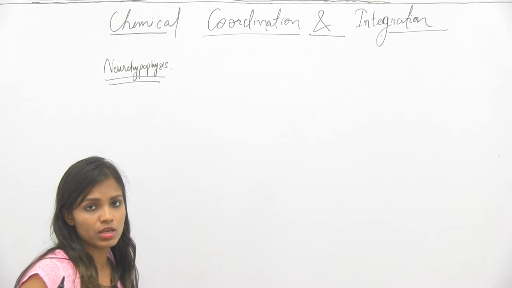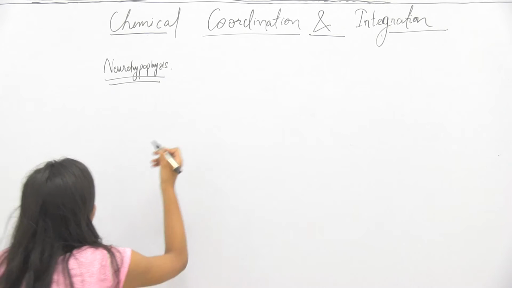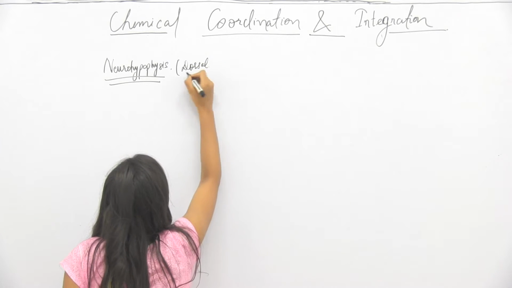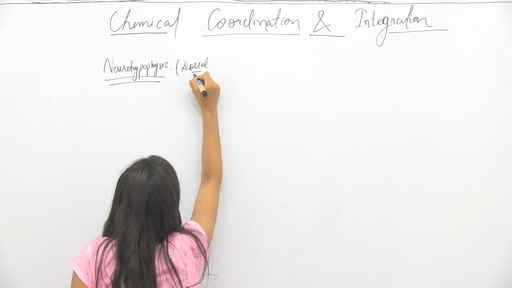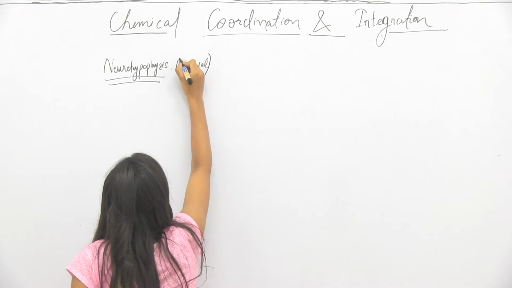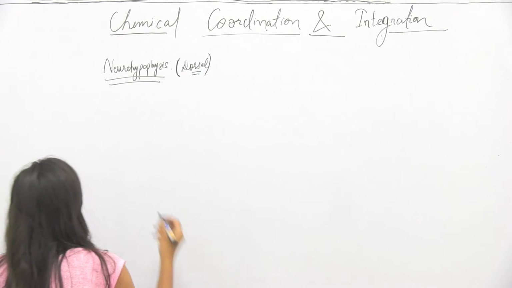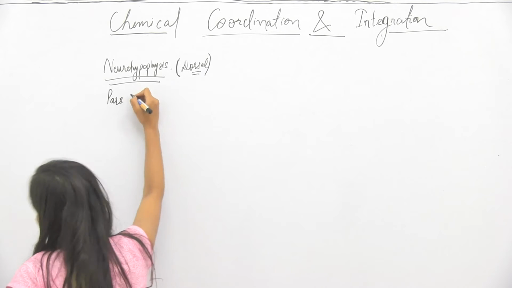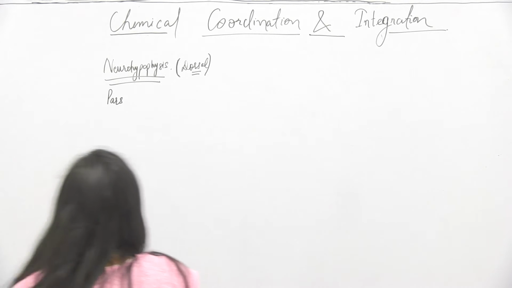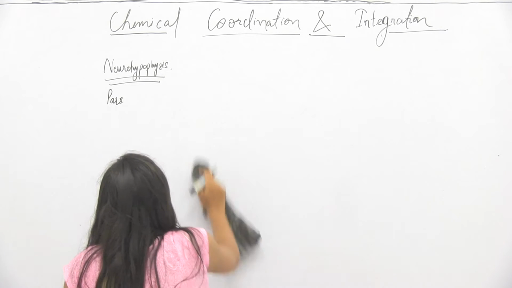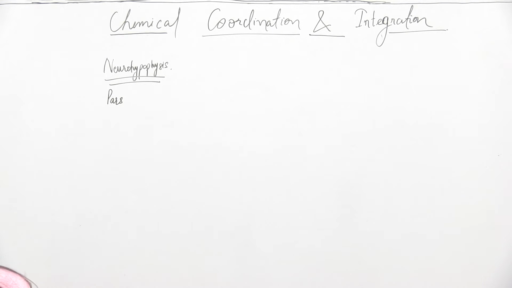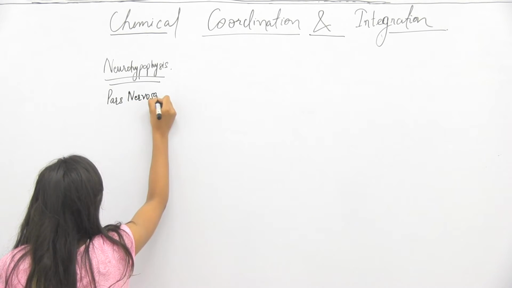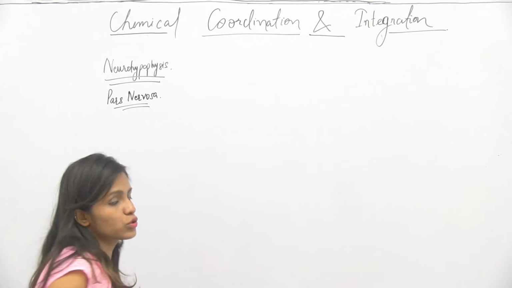So the neurohypophysis is also known as the dorsal part, or also it is known as the pars nervosa.